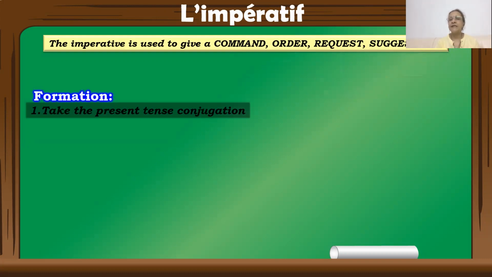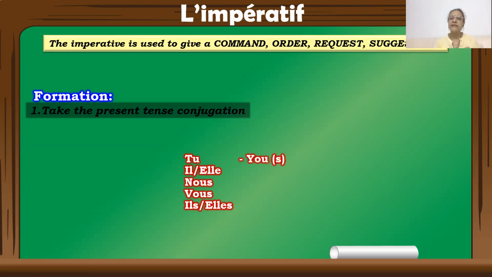First step, take the present tense conjugation of, let's have a look whether I can use all the subject pronouns in imperative. Je means I. Students, can I give an order to myself? I cannot give an order to myself, so je is out. Tu is you.